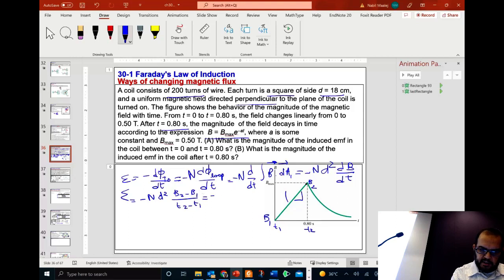So this is minus 200 times d squared, which is 0.18 squared. B2 is 0.5 Tesla minus 0 divided by the time, which is 0.8 seconds. Okay, so this is the flux. So the induced EMF, note it's negative.